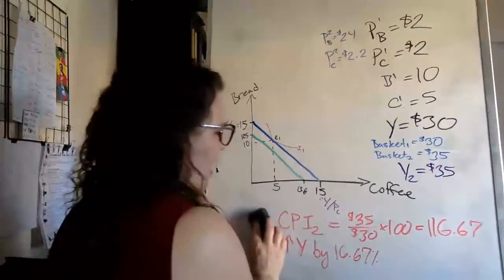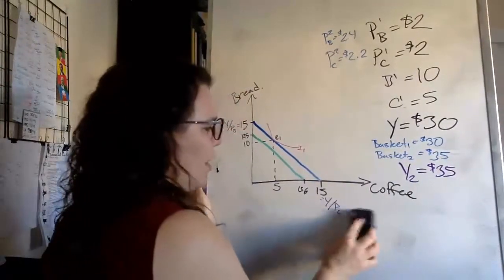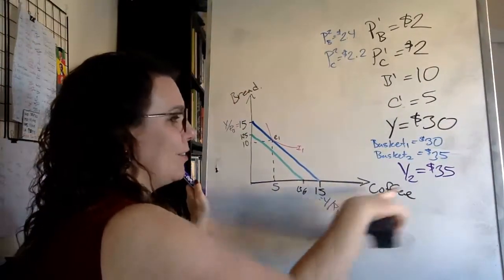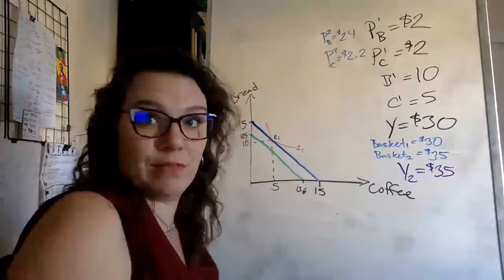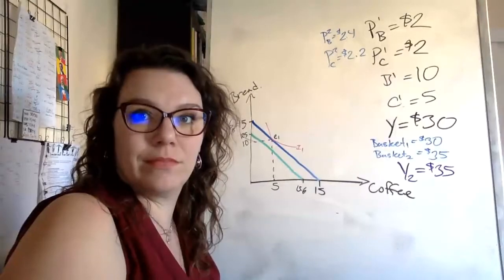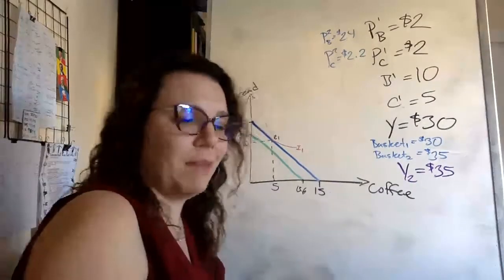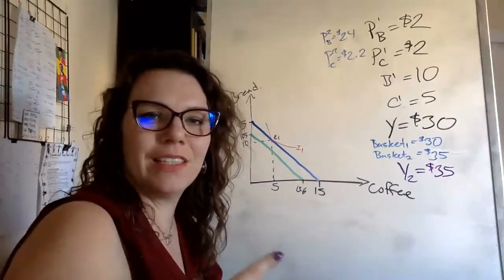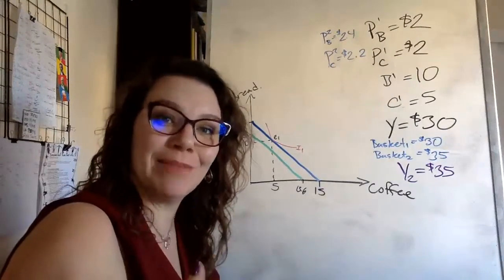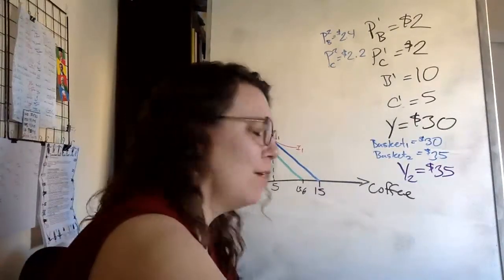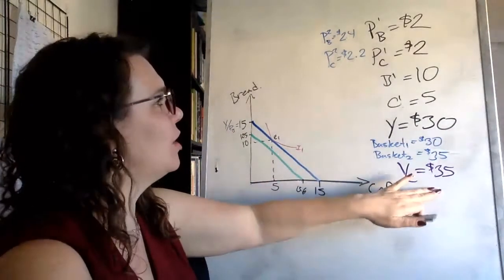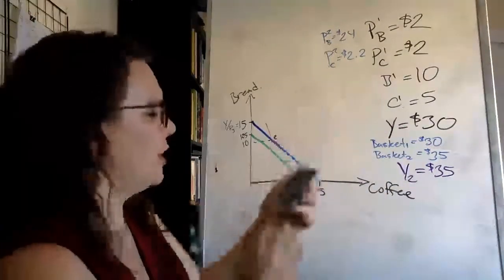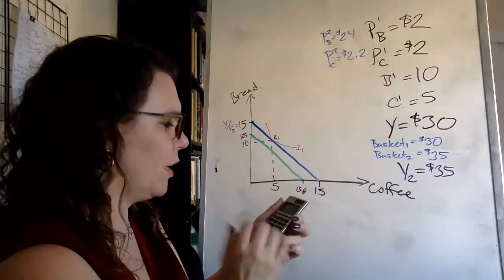So now we have our new income. And remember, we want to find the new endpoints by taking our new income and our new relative prices and see where that puts us. Now, this example isn't perfect because in this case, the prices have changed by a really small amount, income changed by a lot, but you kind of get the sense of it. So we'll take that new income of $35 and divide it by the price of coffee, 2.2, to get our new endpoint.